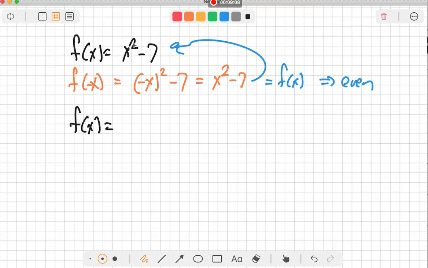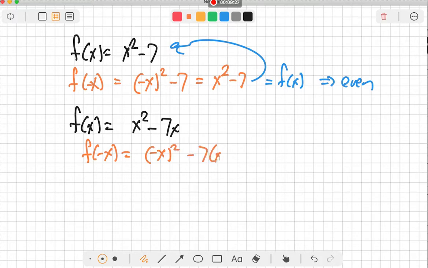Makes sense. I got an x squared in it, right? What if I make this function x squared minus 7x? Then again, f of negative x equals the opposite of x squared minus 7 times the opposite of x.